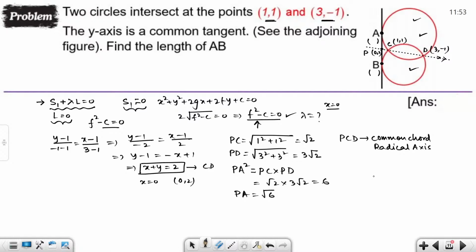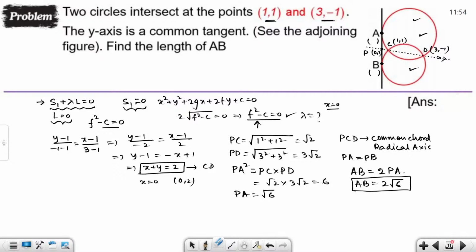And we all know that from any point on the radical axis, if you draw two tangents to the given two circles, their lengths are equal. In this case, PA is equal to PB, because P is a point on the radical axis. Thus, the length AB will be nothing but 2 times PA. So that gives us 2√6 as the length of AB.